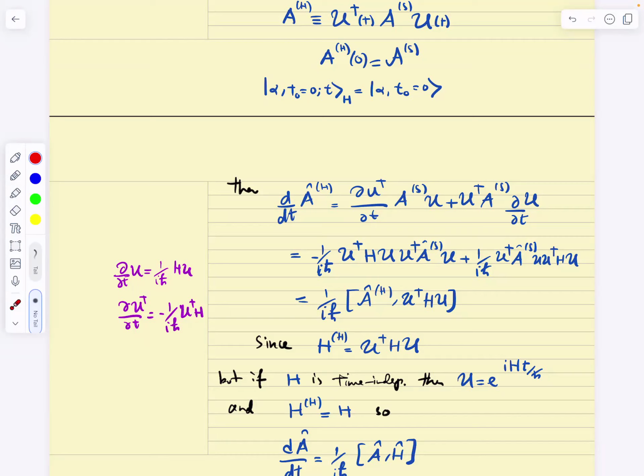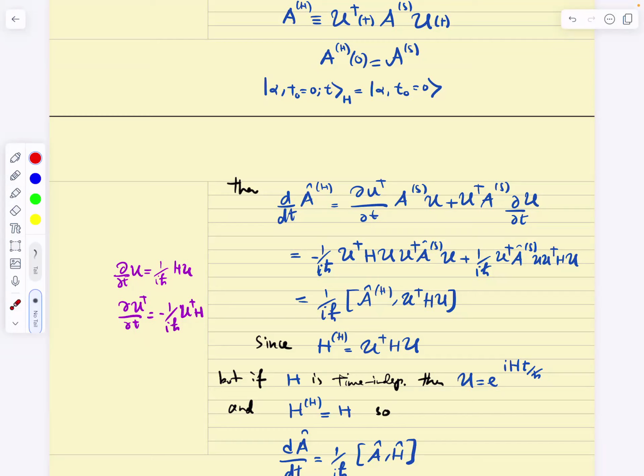Another way of saying that is the following. What does it mean for your Hamiltonian to be time dependent? It means that it's not a constant of motion, right?